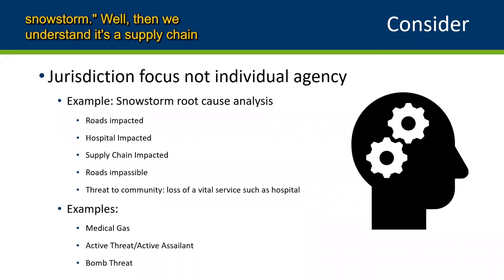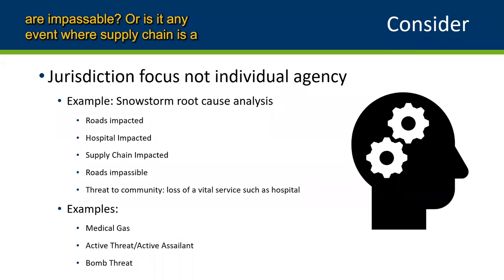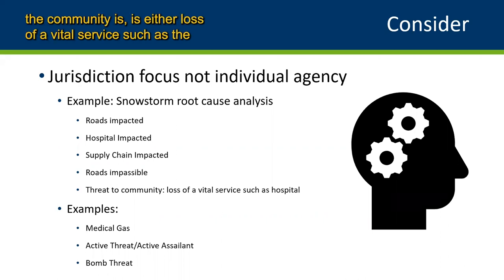Well, then we understand it's a supply chain impact. And so then the question is, is it any event where roads are impassable, or is it any event where supply chain is a problem? And so really what the ultimate concern or threat to the community is either loss of a vital service, such as the hospital, or it's some sort of a supply chain interruption. It's not actually the snowstorm.